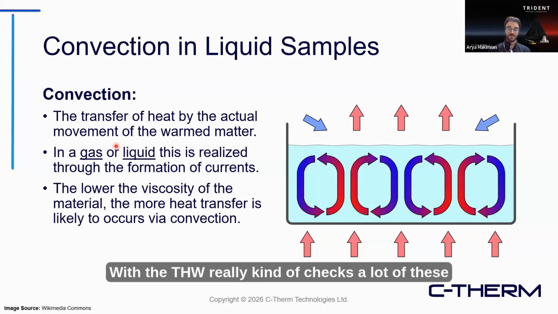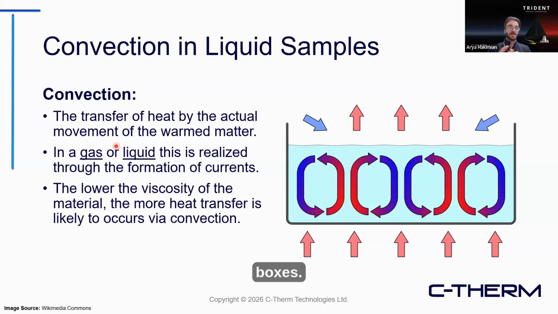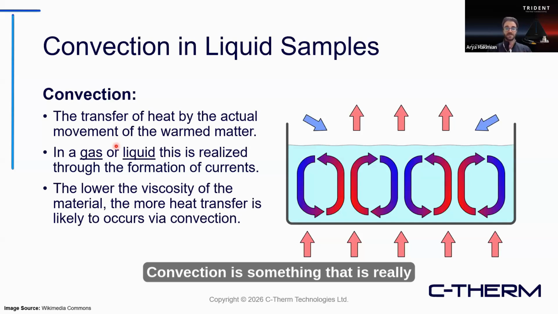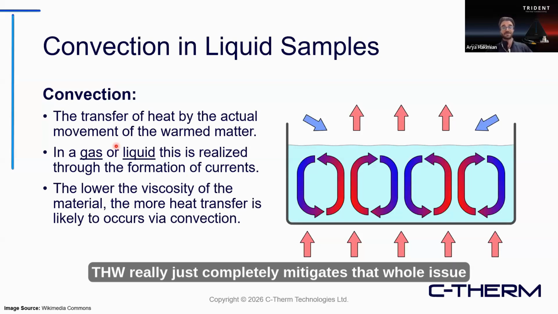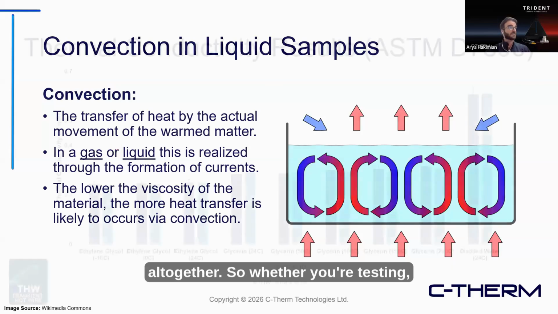The THW really checks a lot of these boxes. Convection can plague a lot of liquids, especially the lower viscosity systems, if it isn't understood or addressed properly. So having the ability to use something like the THW completely mitigates that whole issue altogether.